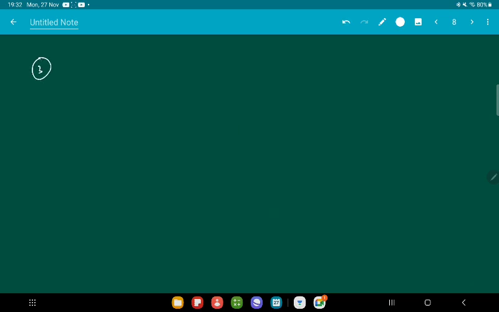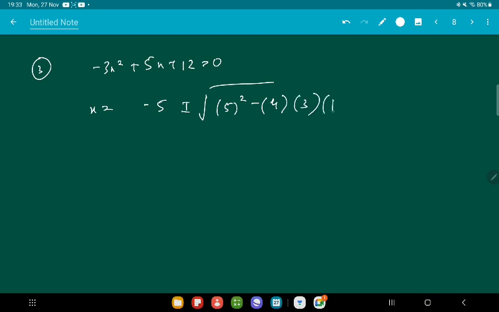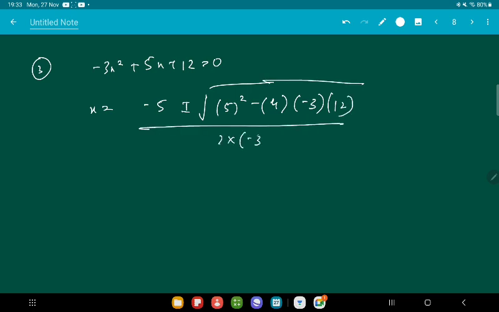For the third equation, minus 3x square plus 5x plus 12 equals 0. How will you solve? Minus 5 plus minus under root 5 square minus 4 into minus 3 into 12. Okay, wait a second. Minus 3 here, it will come 12, and 2 into a, right?